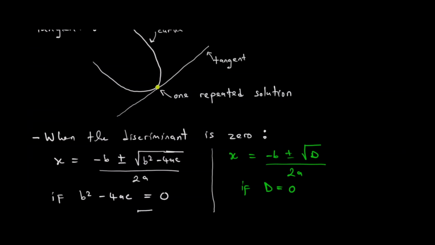Let us go to situation number 2. Situation number 2 is if we have the discriminant b squared minus 4ac being greater than 0. So what happens if the discriminant is greater than 0?